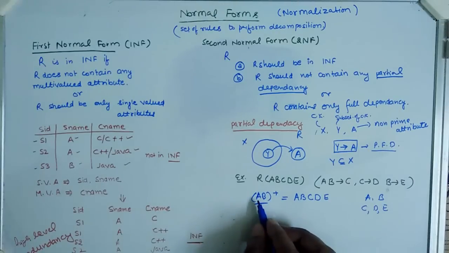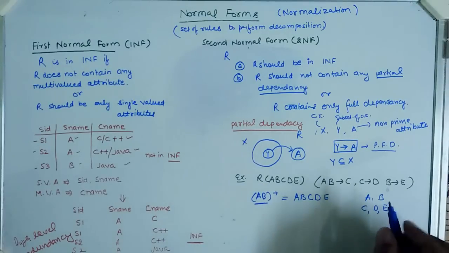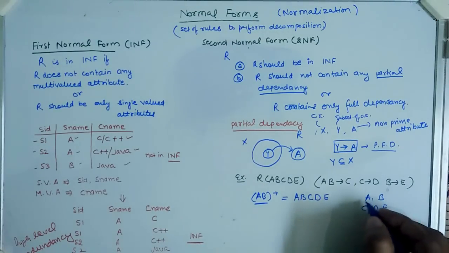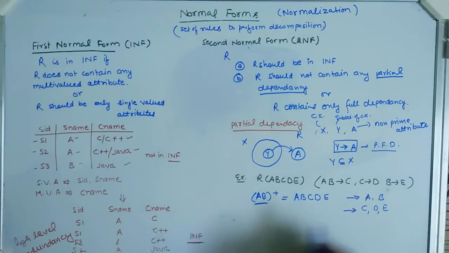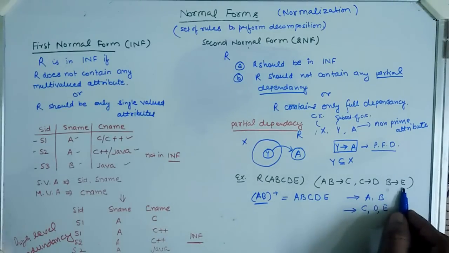So if you found any candidate key in your relation, then check whether there is a relationship between these prime attributes and non-prime attributes in the given functional dependency set.